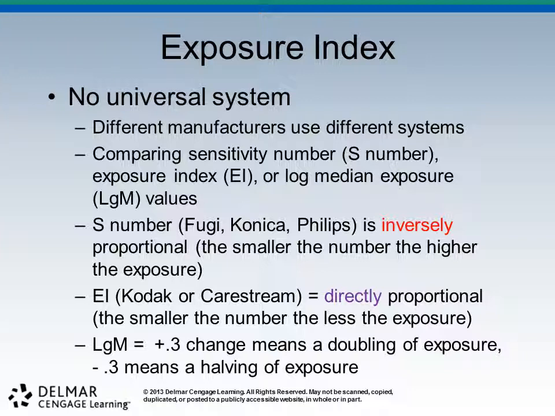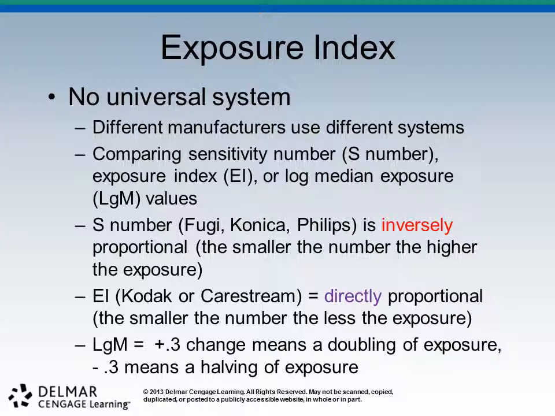On the exposure index, yesterday in class we said that there are various exposure index systems. These are systems that give you some sort of number. It's quantifiable. It says whether you're inside the parameters of an acceptable image or not.